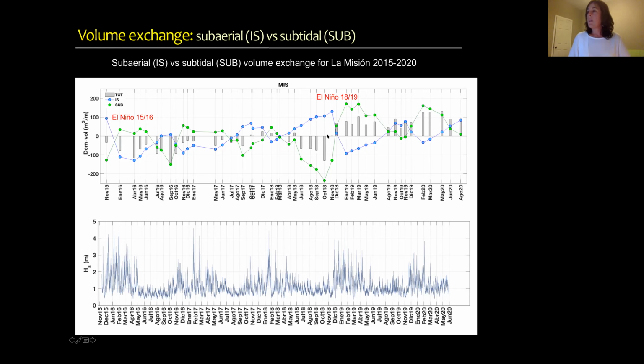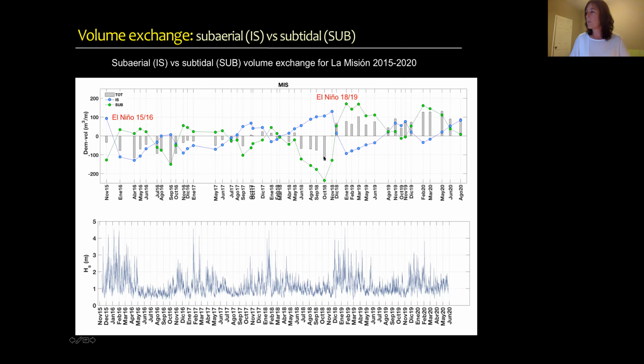Some interesting aspects to point out is that the magnitude of change is double what we observed in Ensenada. Here we see 200 cubic meters of sand moving. And some interesting things are, for example, a lot of accretion in the total volume.